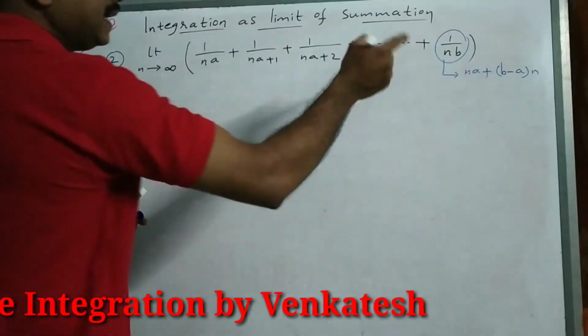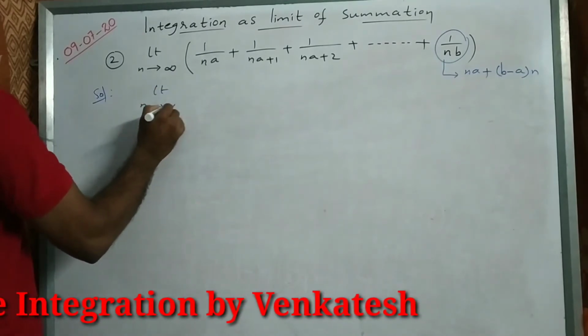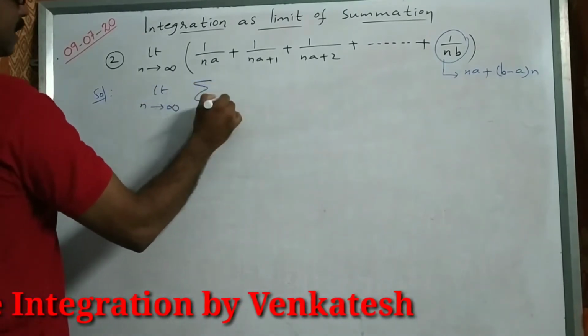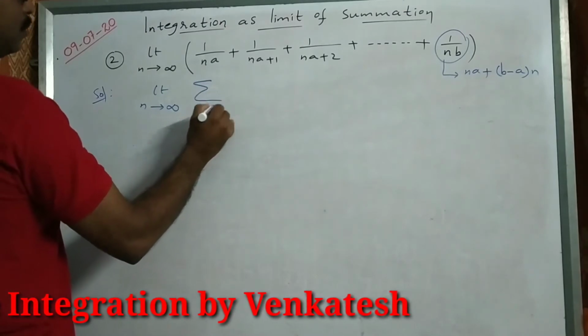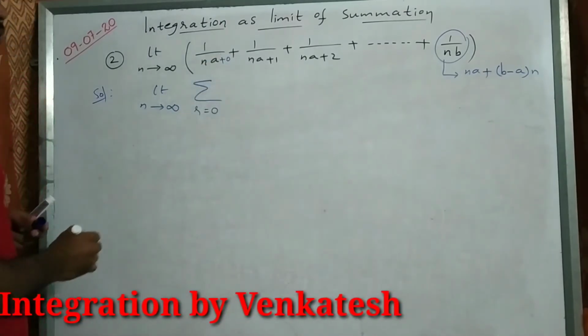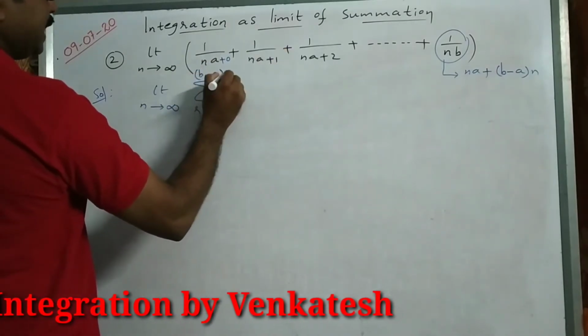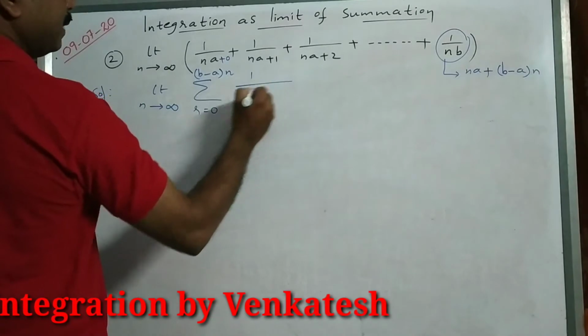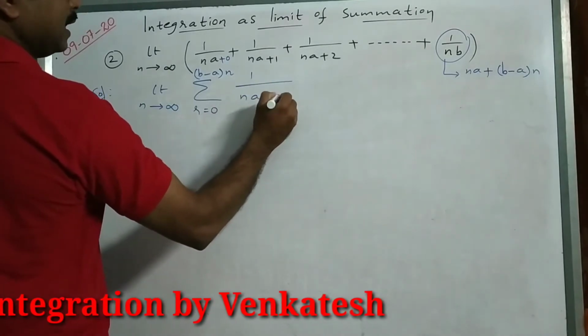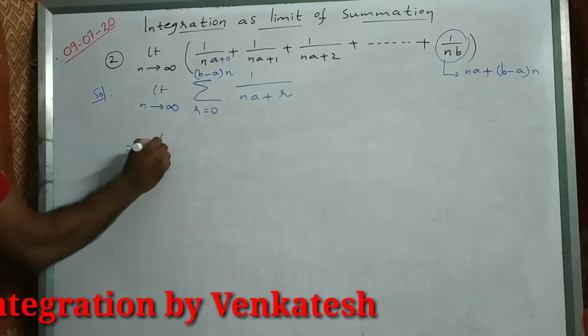That bn is written like that. So I'll write in summation form now. Summation r equal to 0, it starts from 0 here, 0 to b minus a into n. Okay? 1 by na plus r. Clear? That is the notation.